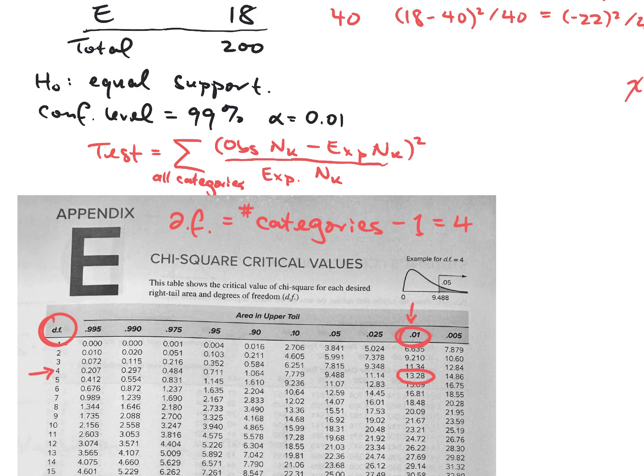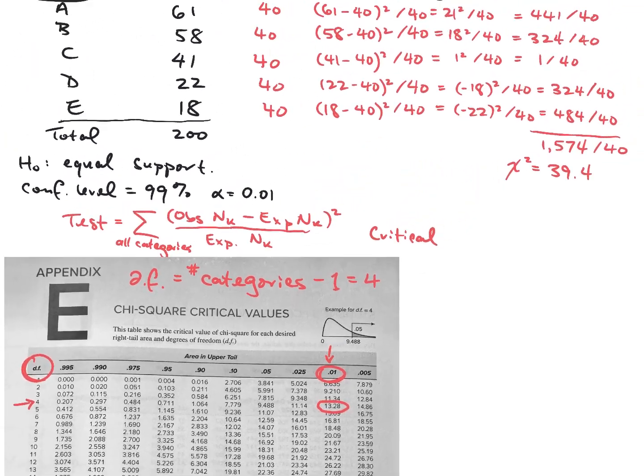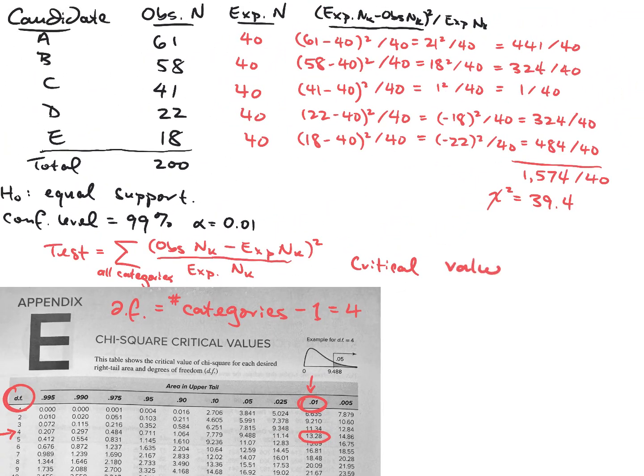So we're told the critical value is chi-squared of 0.01 is 13.3. Okay, now, final thing. To actually test the hypothesis, we check whether our test statistic is less than the critical value. Is it? Test statistic is 39. Critical value is 13.